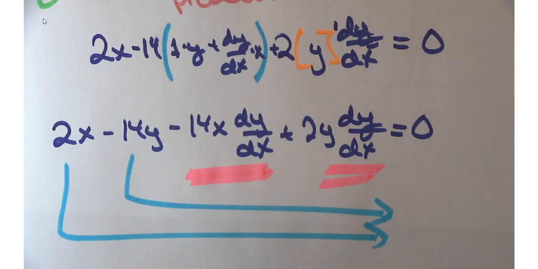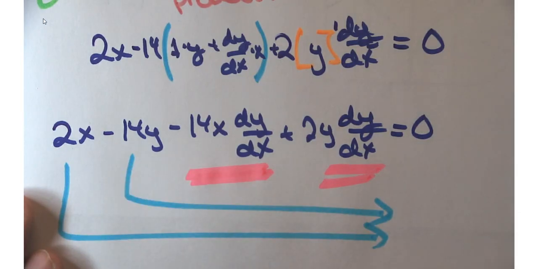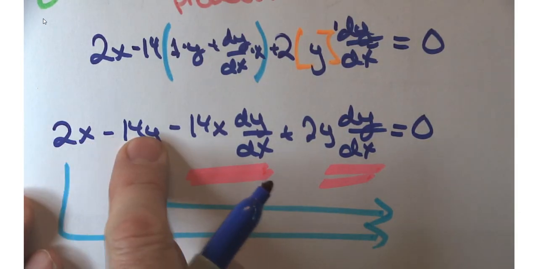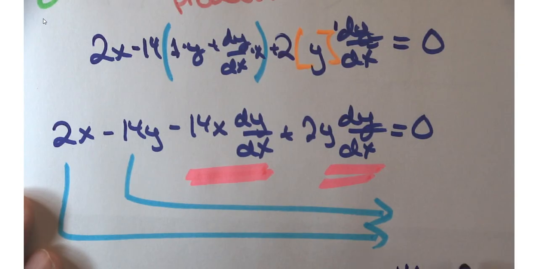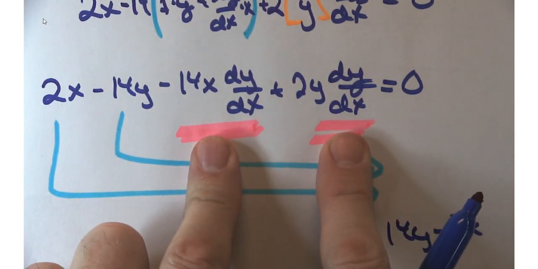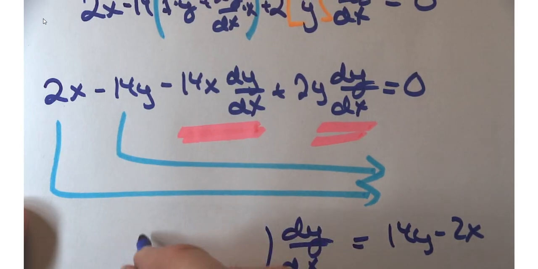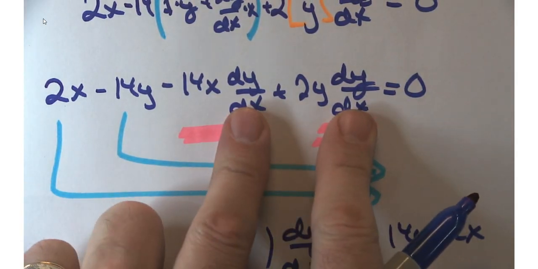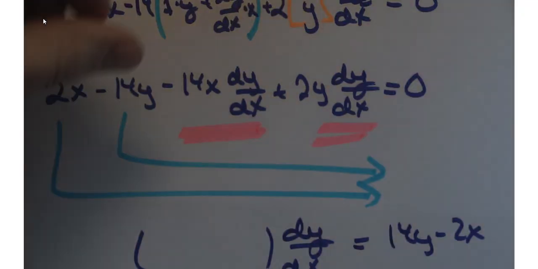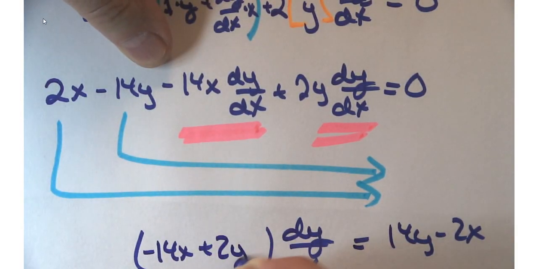Gosh, I'm messing that up this morning. So that's going to leave me with a 14y minus a 2x. And on the left-hand side, I apologize that I'm doing a lot in one step here. If I factored out the dy by dx, that's going to leave behind a minus 14x plus 2y.